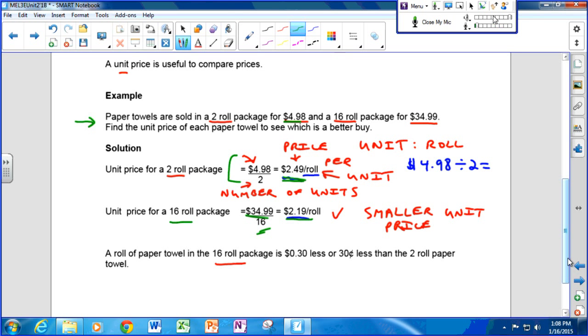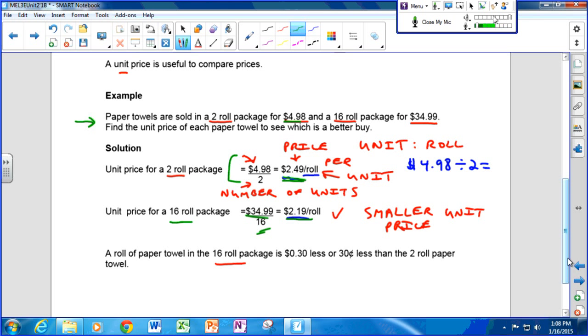Now, the downside to this is that you are walking out of the store with a giant package of paper towels. If you use a lot of paper towels, that's great. If you don't, you're going to have to store them somewhere. So there's something to think about. If you're buying the bigger package based on unit price, you still have to think about where am I going to store it?